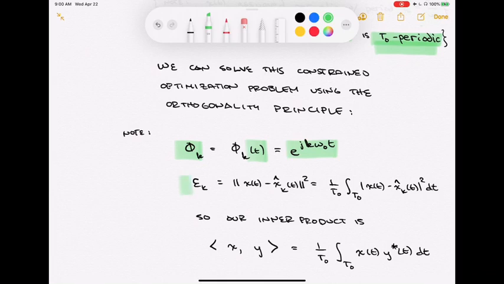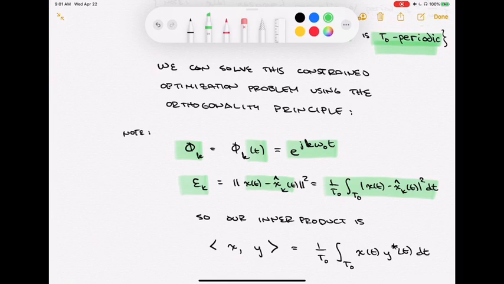So the error is just going to be the difference between the signal and the estimate, norm squared, and we know that that norm squared is related to power. So 1 over T naught integral over any interval T naught of the absolute value squared of x minus x hat, the error squared.